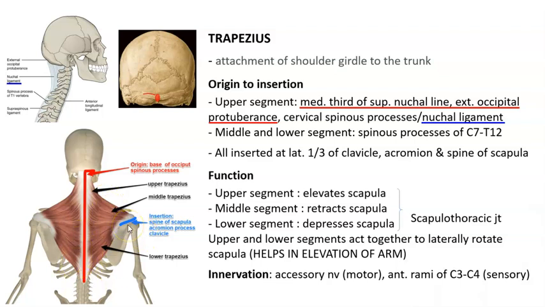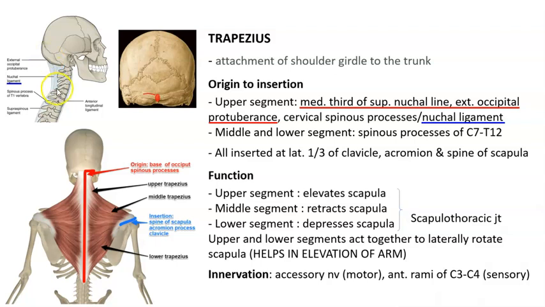So the upper segment basically originates from the medial third of the superior nuchal line. This is the superior nuchal line, you can see it at the back of the skull. This is the external occipital protuberance, and this is the nuchal ligament.